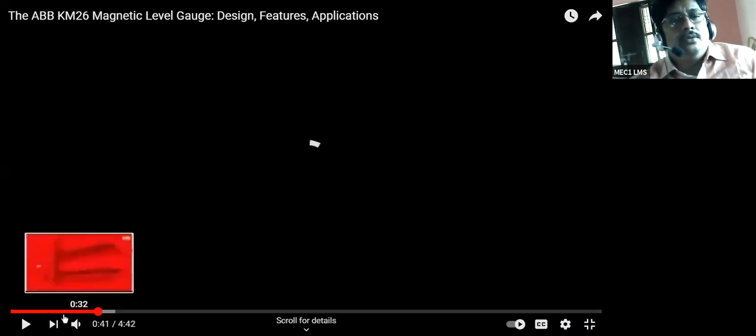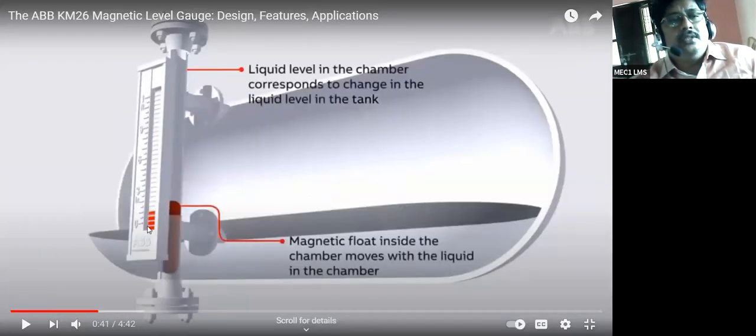See here, if you observe, one minute. These are the wafers. In some magnetic level gauges, the wafers can be different. What we saw earlier was a diamond shape, but here it is rectangle, right?